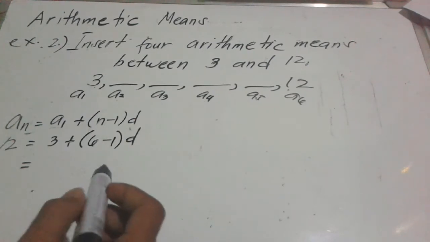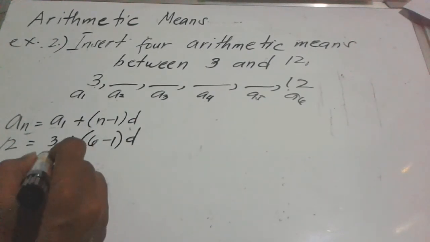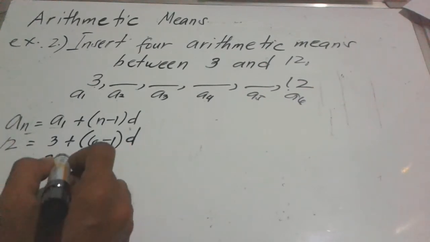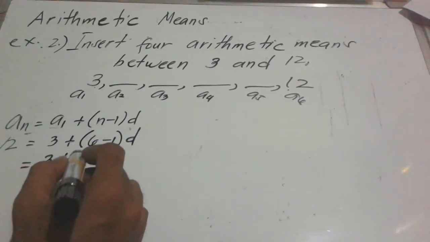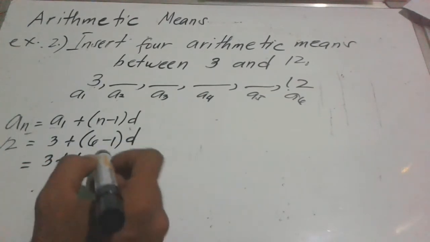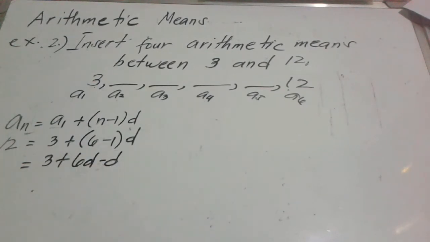Next, simplify. We have 3, bring down 3, d times 6 is 6d, then negative 1 times d is negative d.